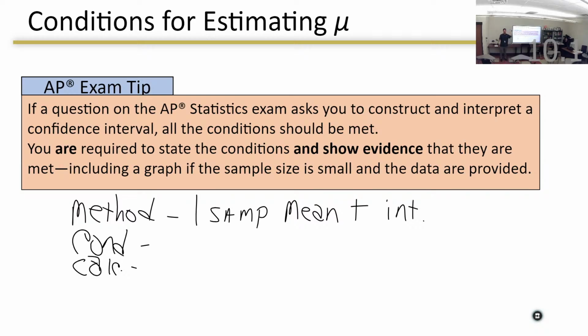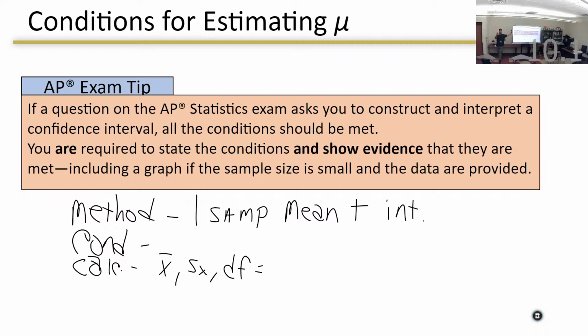In the calculations, what I end up doing is giving you what X bar is. I will give you what S is. I will ask for the DF. I'll put that down there. Are you required to? I don't know. It's good to. You just want to put down as much as you can. And if you're not sure, don't put it.